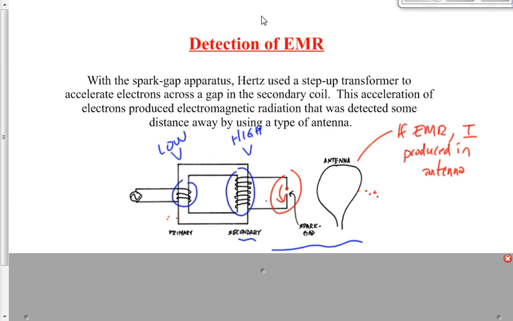So if Maxwell's theory is correct that accelerating charges generate EMR, and EMR consists of electric and magnetic fields that are both changing, then flipping on the switch over here should cause a current in the antenna.